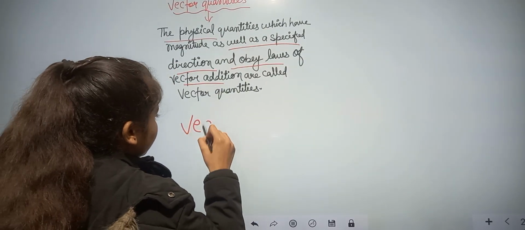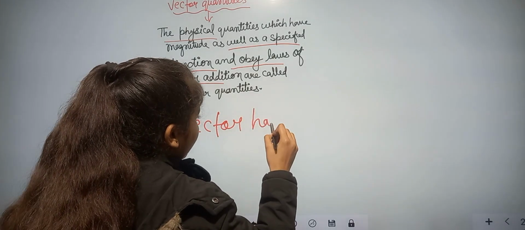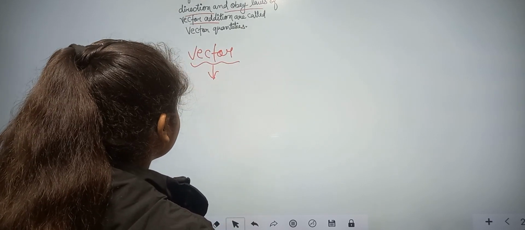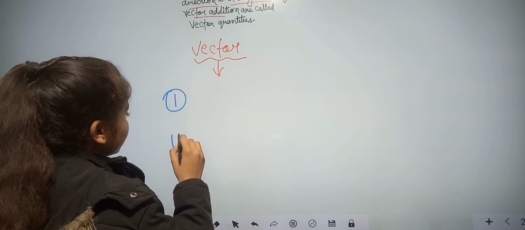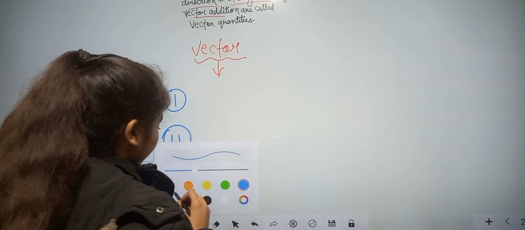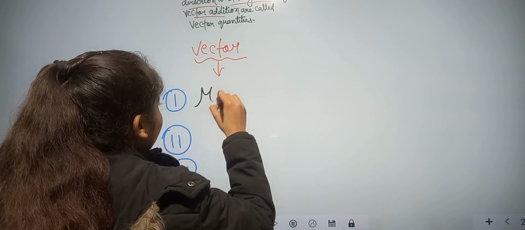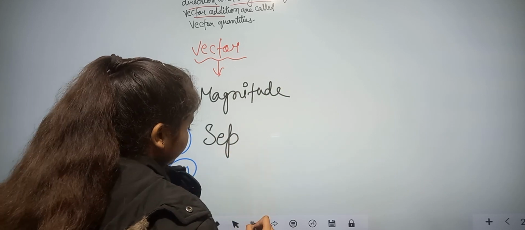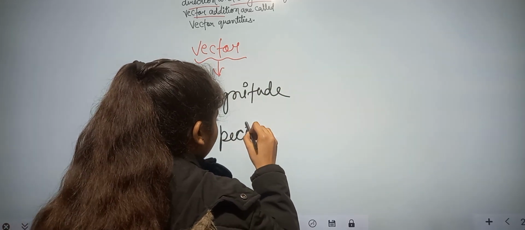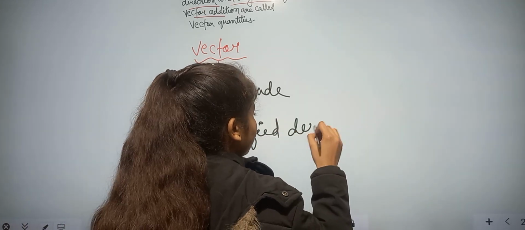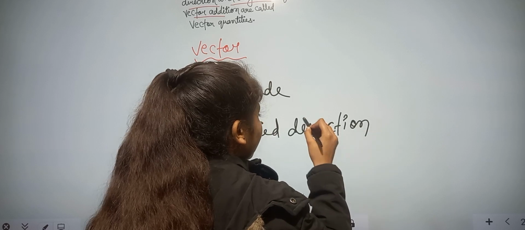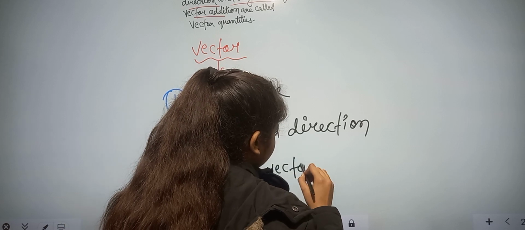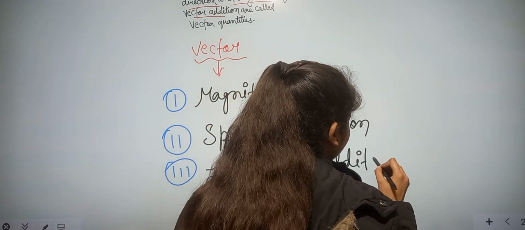So that vector has first one is magnitude, second one is specified direction, and third one is laws of vector addition, okay.